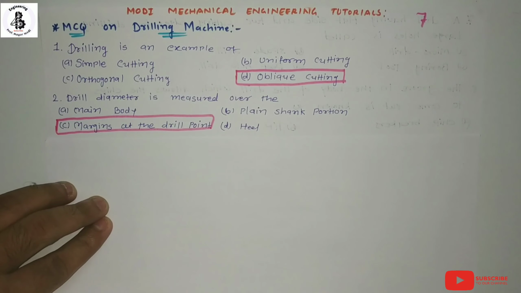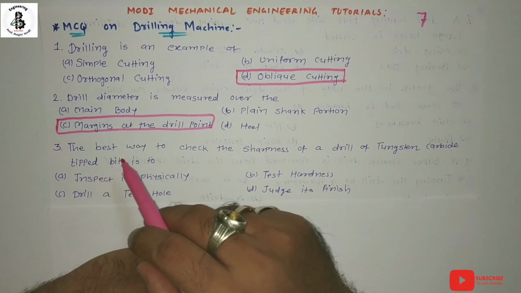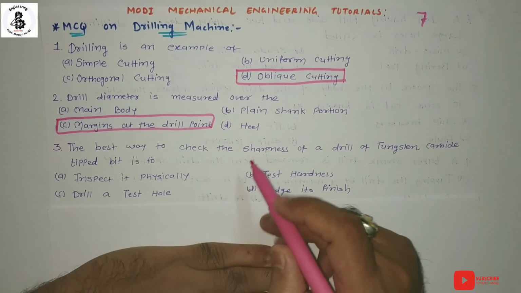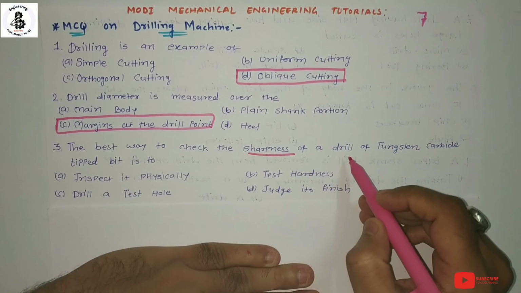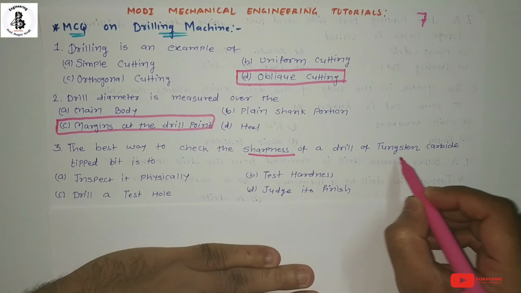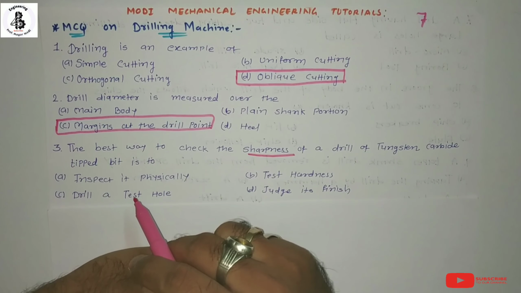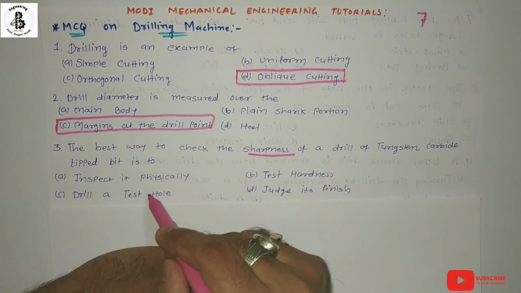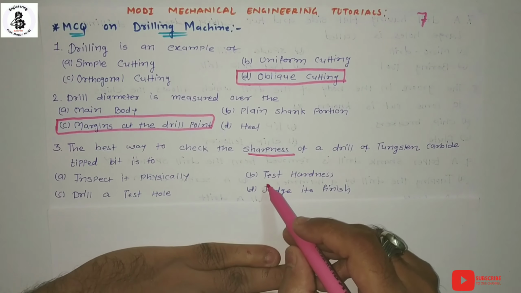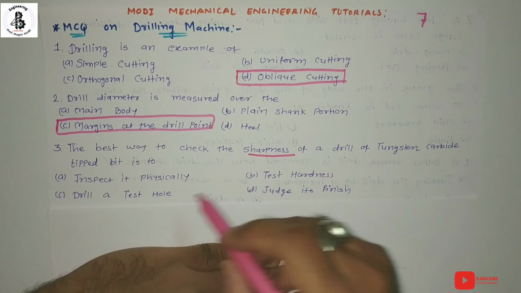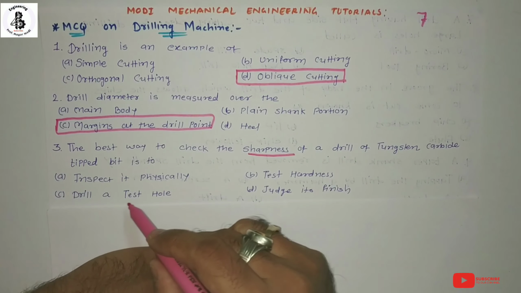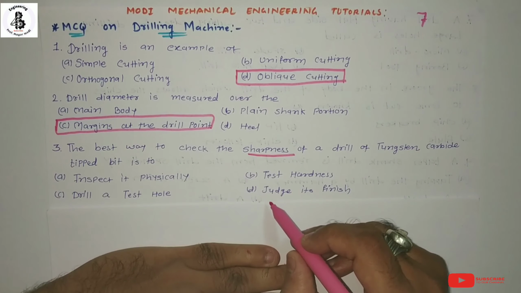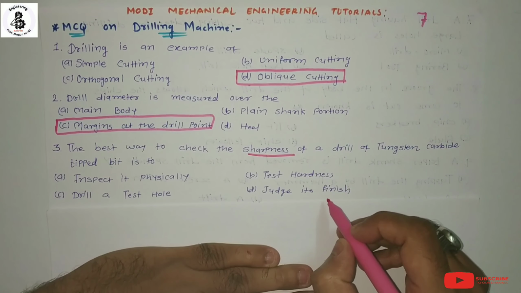Then next question. The best way to check the sharpness of a drill of tungsten carbide tip bit is to, option A, inspect it physically, option B, test hardness, option C, drill a test hole, and option D, judge by the finish.